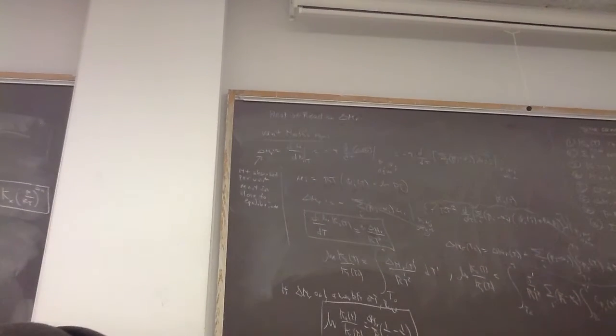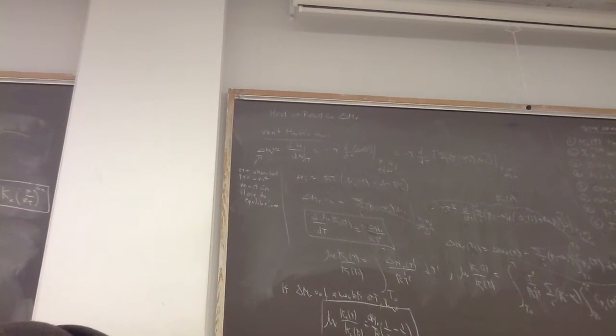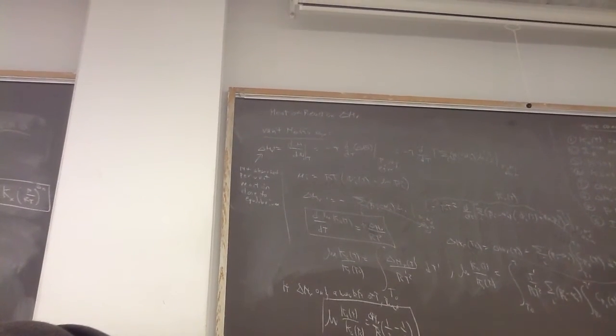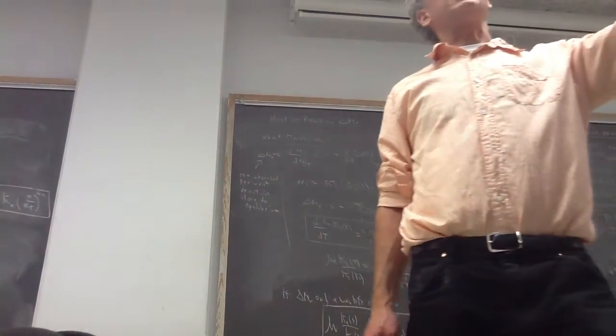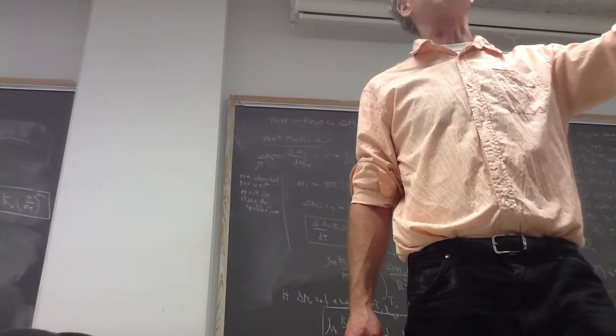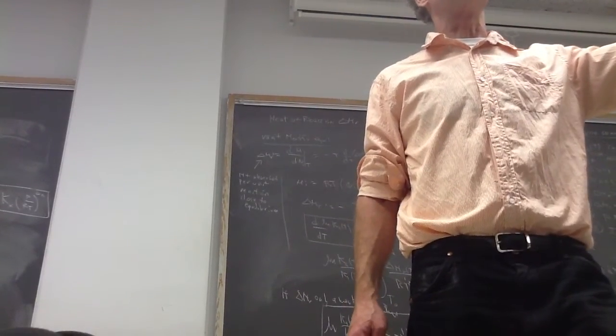these RA equations, as we had in the beginning of the semester, are usually sums of terms where each term is a rate constant times some concentrations to some powers. Remember that?